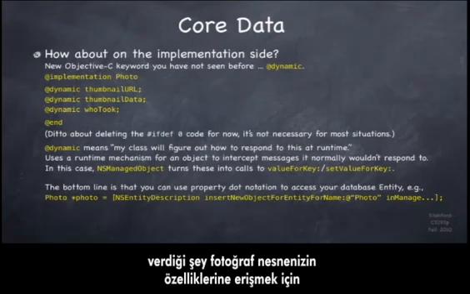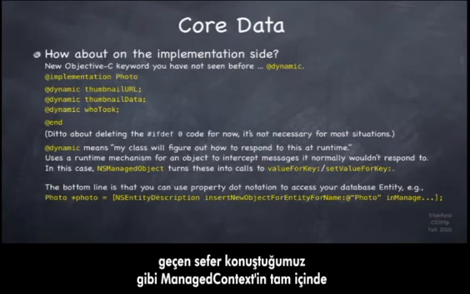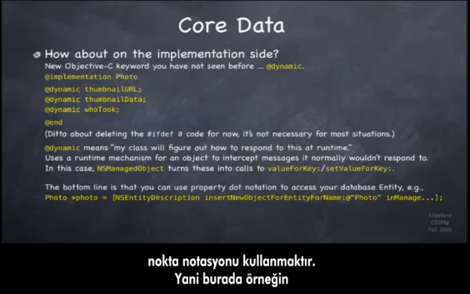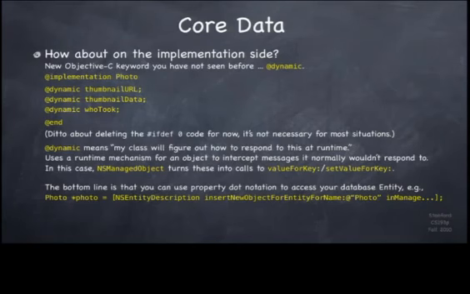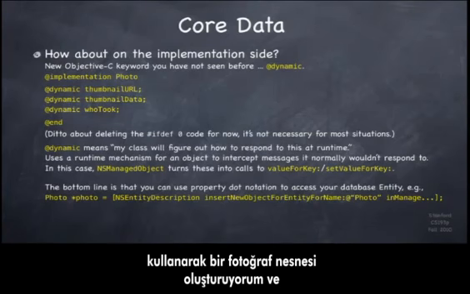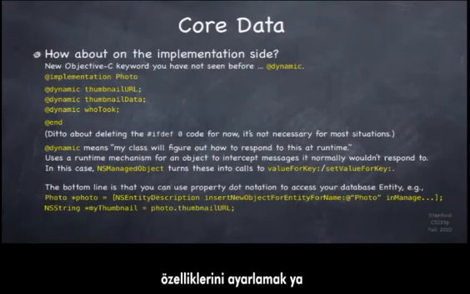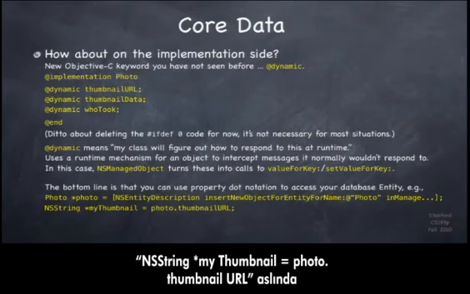So what it lets you do in the end, though, is to use dot notation to access the properties of your photo object. So here, for example, I'm creating a photo object using insertNewObjectForEntityForName, which we talked about last time, right, in the managed context. And so that creates me a photo object, and I want to set the attributes of it or get the attributes of it. So here I say NSString *myThumbnail = photo.thumbnailURL.